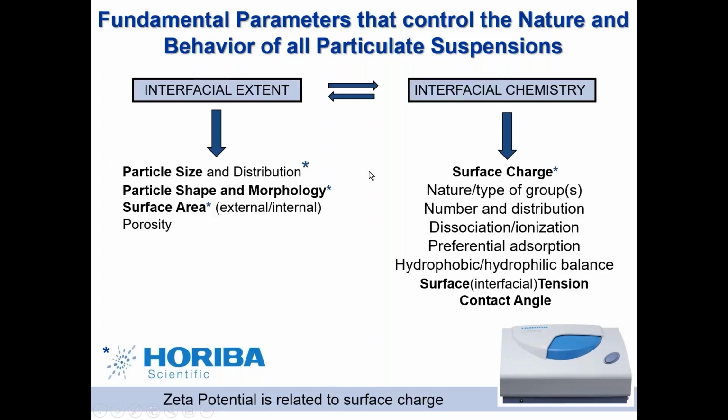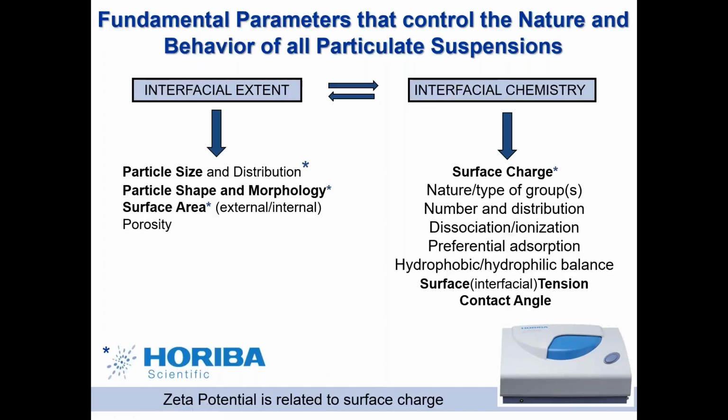It is important to recognize that these two parameters are not strictly independent variables. For example, the extent of the interface can be modified by particle comminution, milling and grinding, which may expose new surfaces and hence alter the interfacial chemistry.